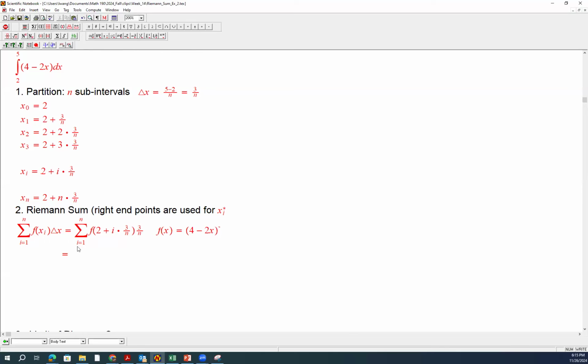When you are substituting into the function, this piece is your x.